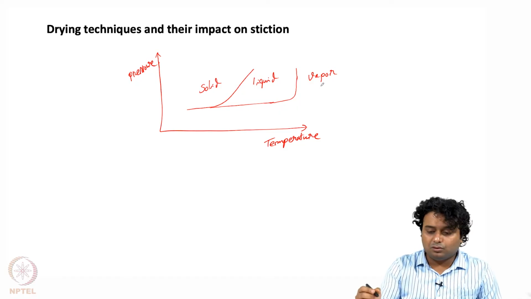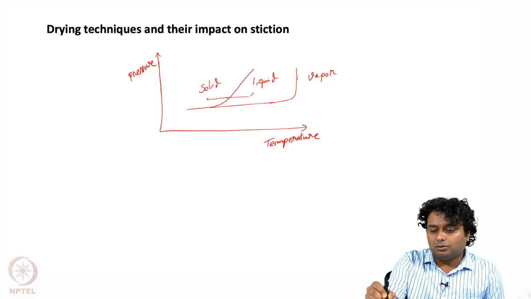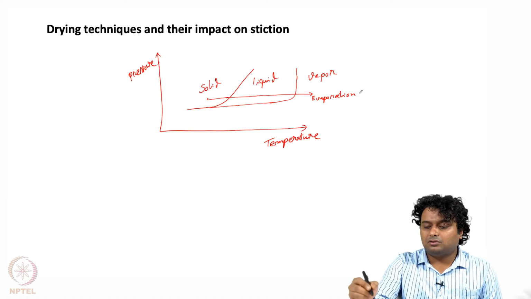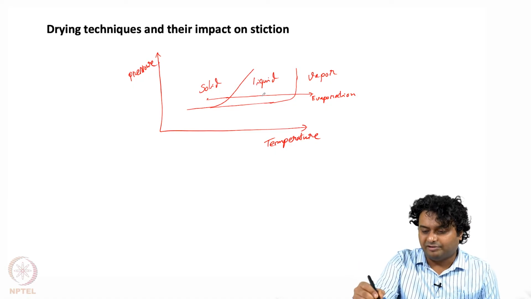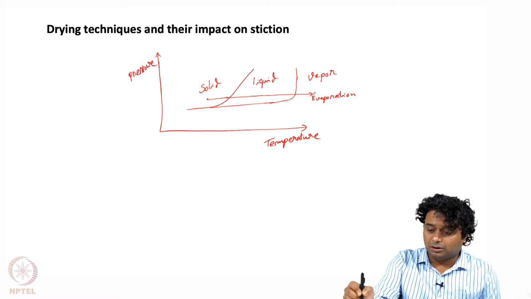Now, the usual drying technique, the evaporation drying technique, goes from solid to liquid to vapor. So you have solid, then it goes to liquid, and then it goes to vapor. So this is evaporation. In this usual technique, the water is in liquid phase and it goes to vapor phase by evaporation, just by heating it.